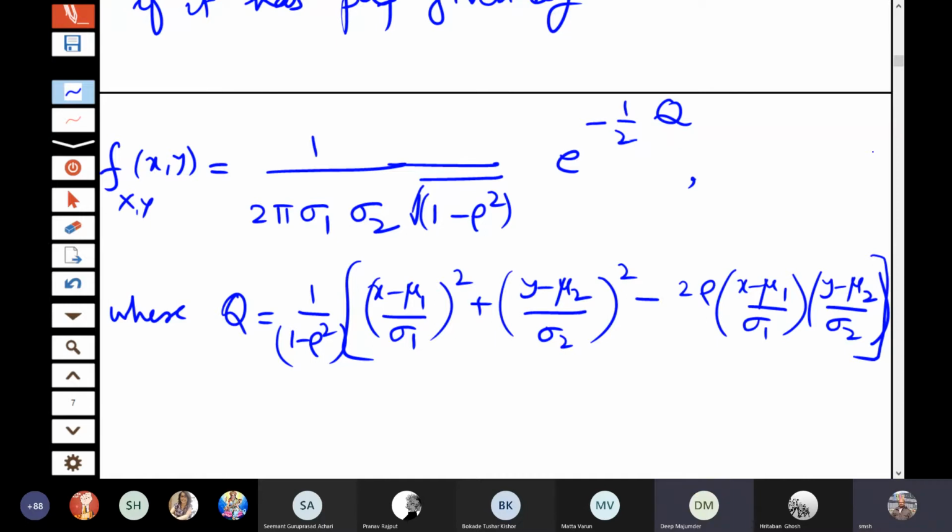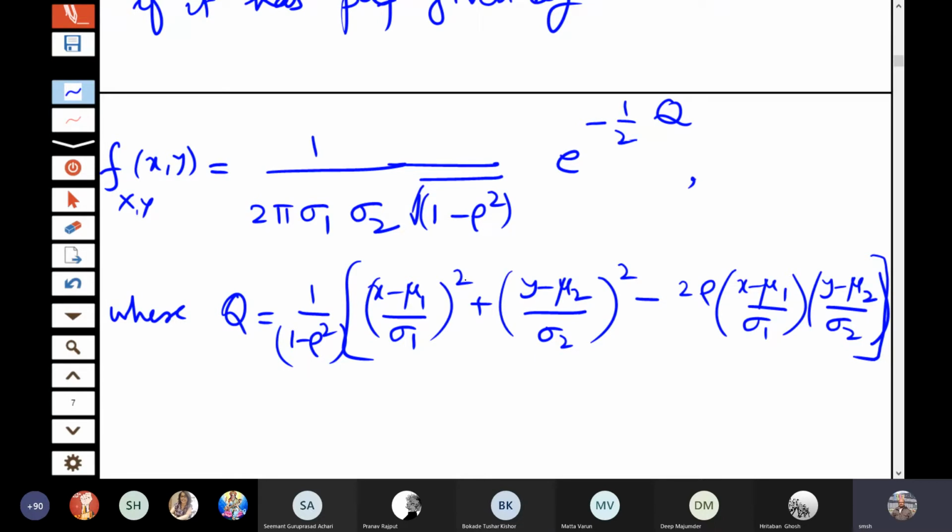So now I will start a little bit of manipulation, because I would like to calculate the marginal distribution of x and the marginal distribution of y. Okay. So let us look at this term. If you see, it is nothing but a quadratic, isn't it?